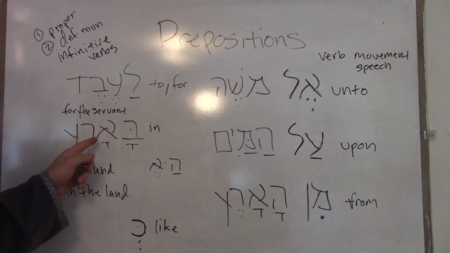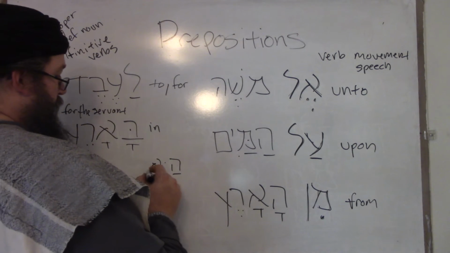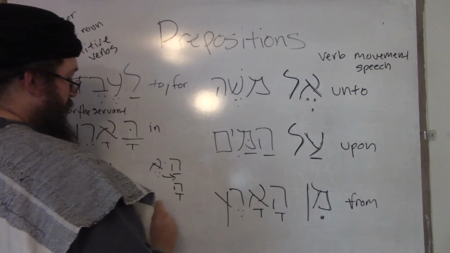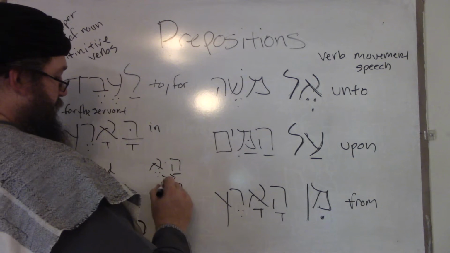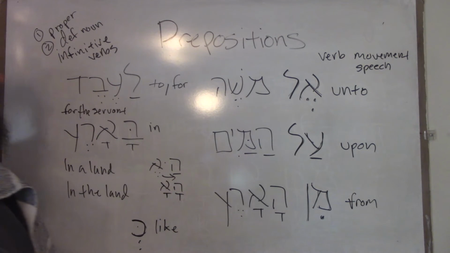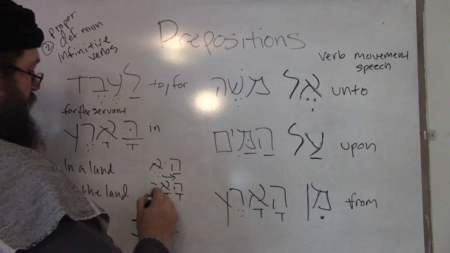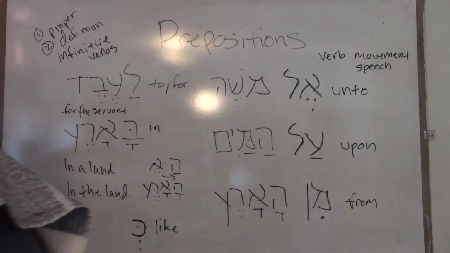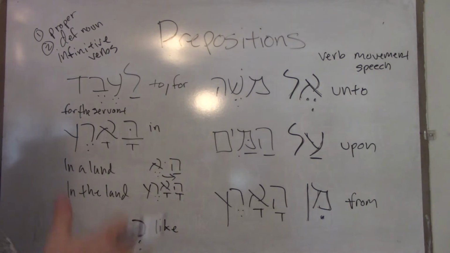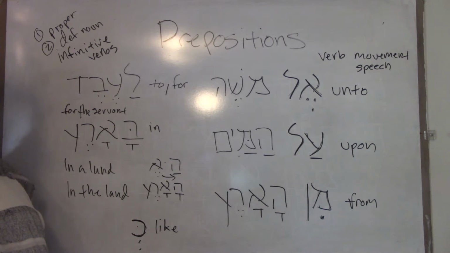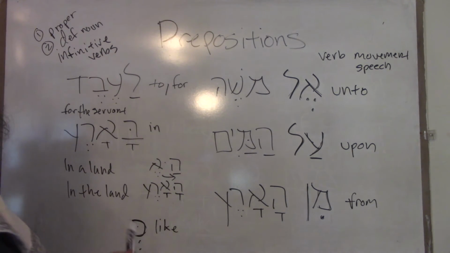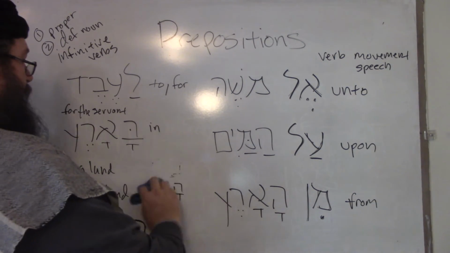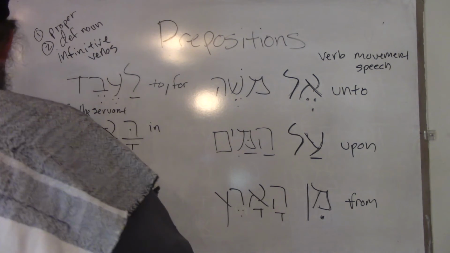If we have the guttural, then the vowel changes here, and this becomes a kamatz. And here, the aleph also takes the kamatz, and then we have the rest of the word, eretz. Ha'aretz, okay? So if you forgot this, go back to the hey definite article video and look at that so that you can remember why that vowel changed and what the reason for that is.